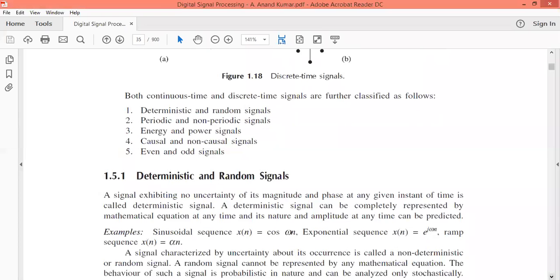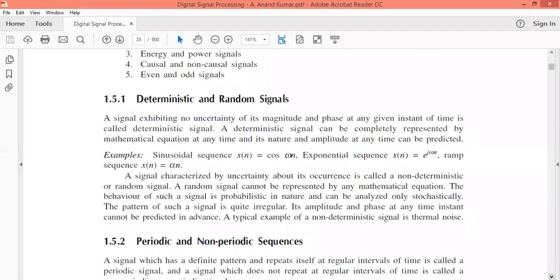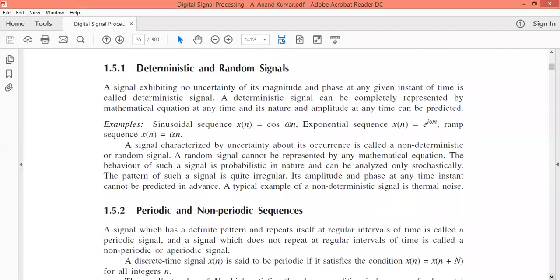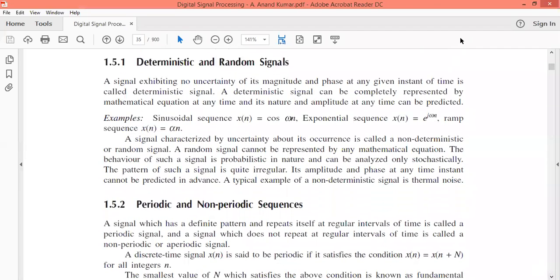First we'll discuss discrete time deterministic and random signals. What are deterministic signals? You can predict the value of the signal, so there is no uncertainty. You don't have any uncertainty about its magnitude and phase at any given instant of time. You are able to predict the amplitude and phase of the signal at any given time.